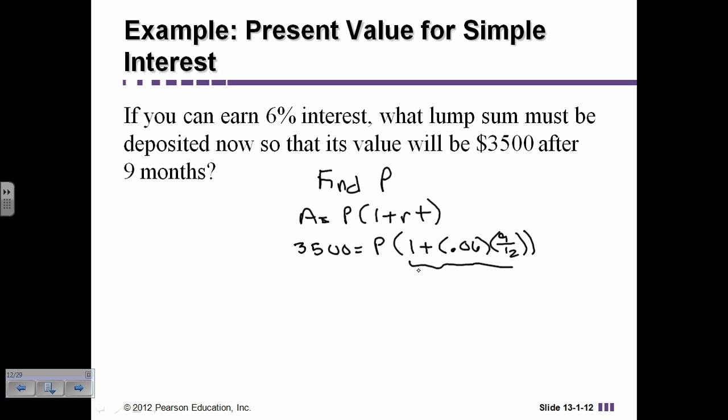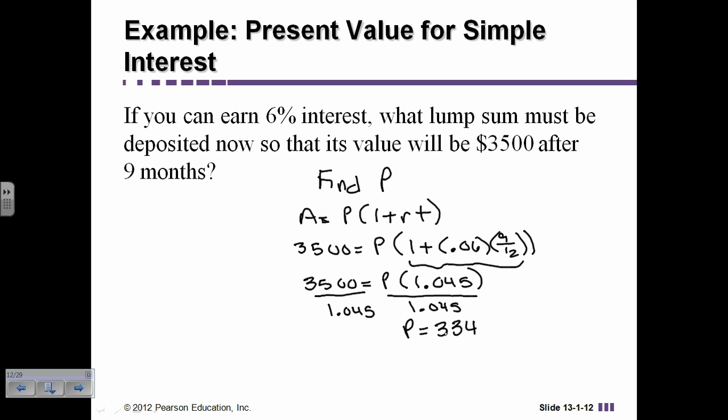I'm going to put the 1 plus 0.06 times 9 over 12 in my calculator, and I'm going to get 3,500 equals P times 1.045, rounding it off a little bit. So to solve for P, or get P by itself, I'm going to divide both sides by 1.045. So the amount of principal that I need to invest right now is approximately $3,349.28.